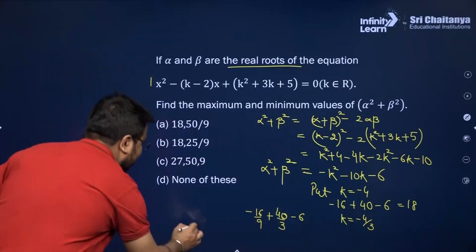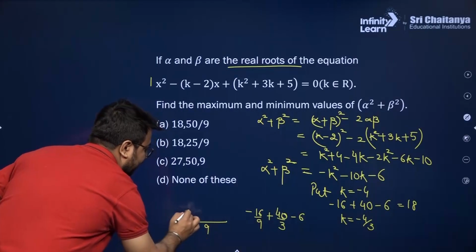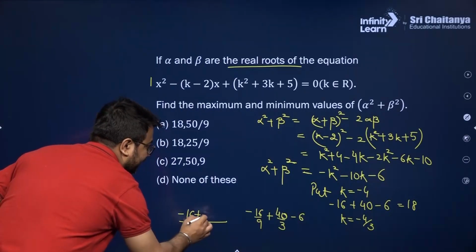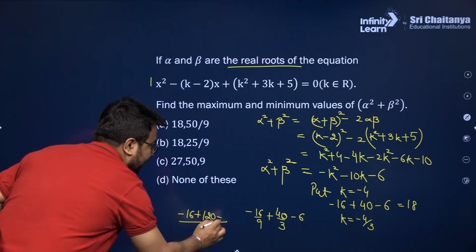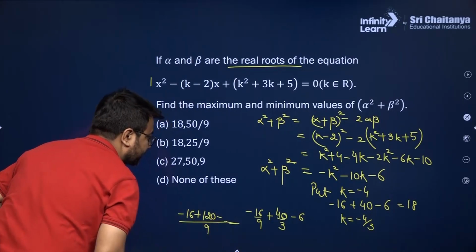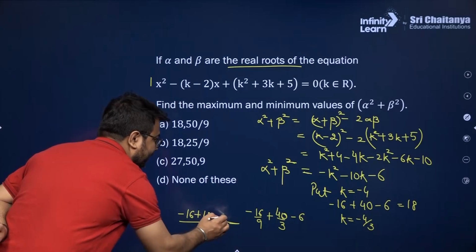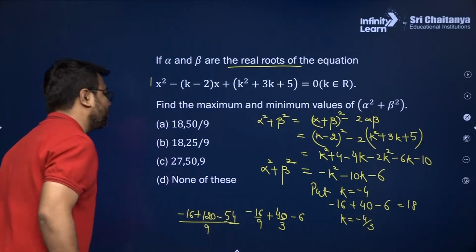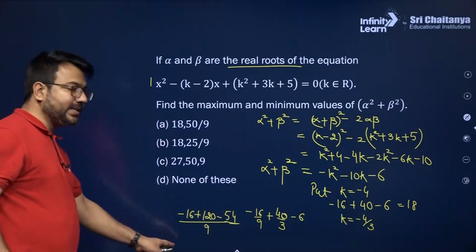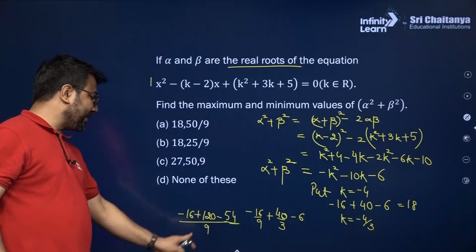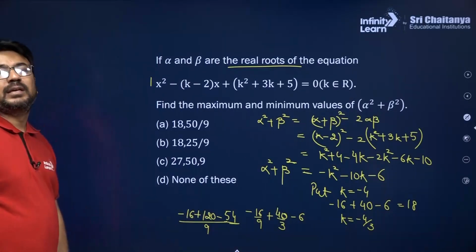Now let us take this 9 as LCM. Then we have minus 16, then it will be 120, and here it will be 9 into 6, 54. So basically 54 and 16, it will be equal to 70. 120 minus 70 will be 50.